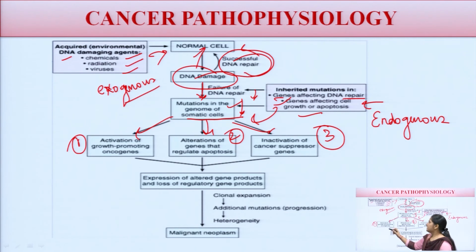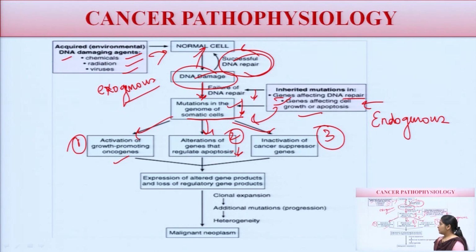So, first, they activate the growth-promoting oncogenes. Second, they alter the process of apoptosis. They don't know how to undergo apoptosis, how to program cell death.